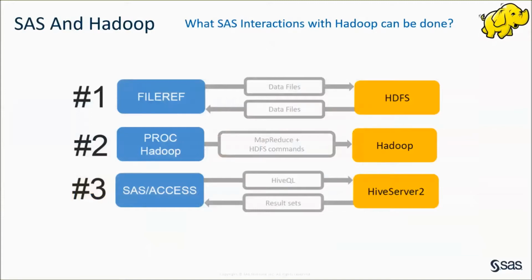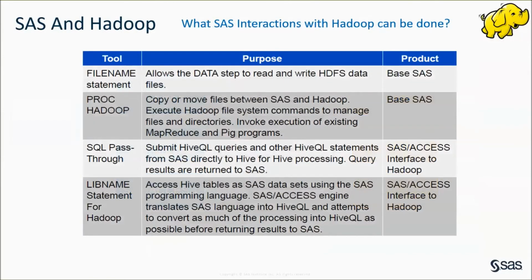An example of that might be a make directory or copying files or something such as that. But again, our focus in this presentation will be the SAS Access Engine. And what I just said is here in writing for you, so you can capture the screenshot for your reference.